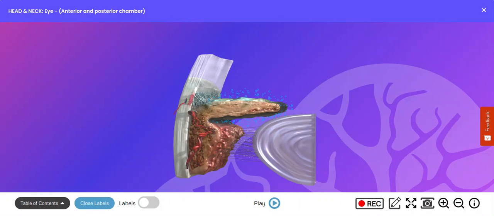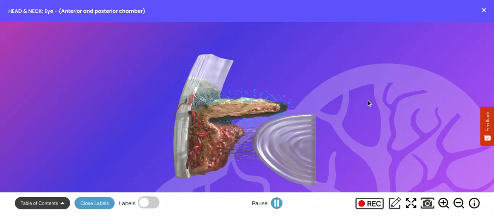So this is a model of the eye which is provided by BioCloud 3D. As you can see, the pathway of aqueous humor, it is produced here and going over there.